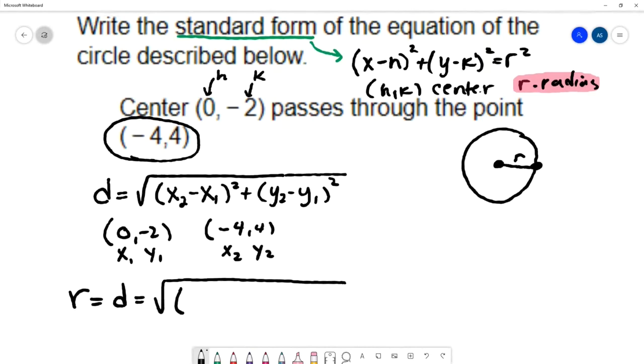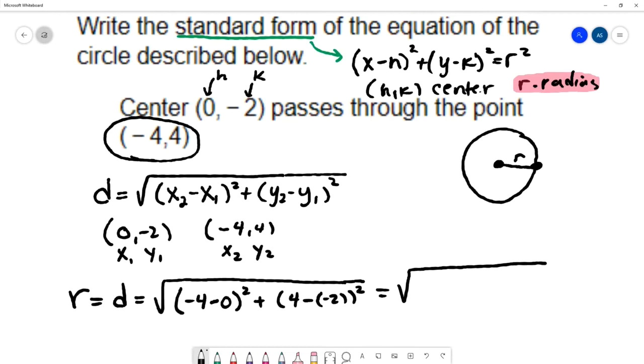So x2 is -4 minus x1 is 0, squared, plus y2, that's 4, minus y1, -2, squared, and all of that is underneath the radical. We're going to simplify using order of operations. -4 minus 0 is -4.